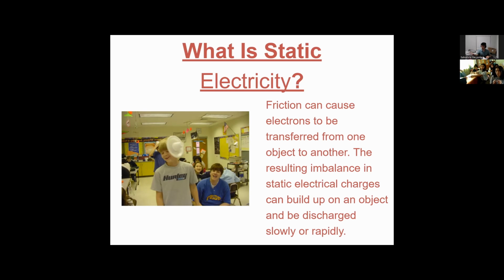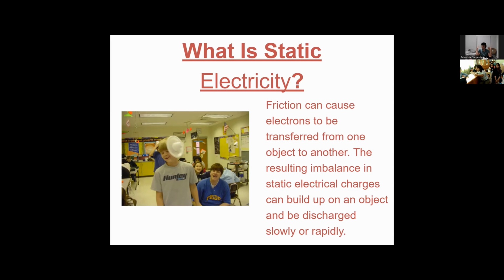That's friction. We're going to do the balloon experiment later, and you can see how when friction happens, it can be when we're walking, going down a slide, whatever it may be. Different examples of friction can cause electrons to be transferred from one object to another.